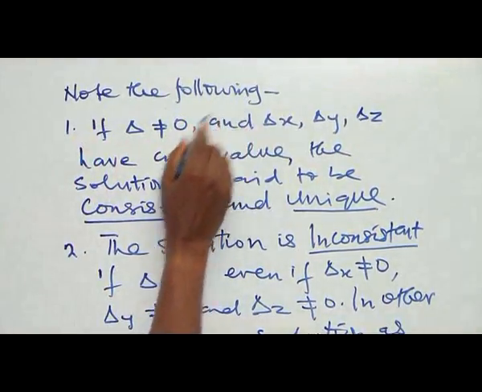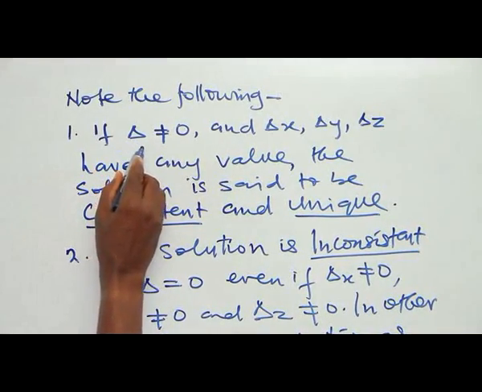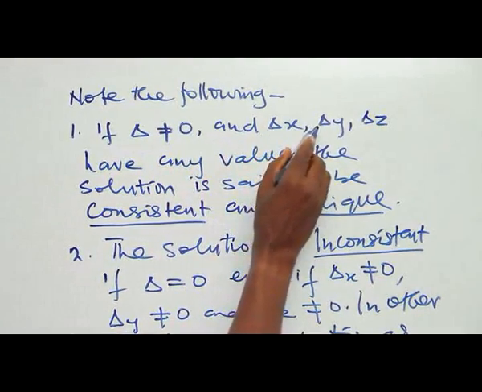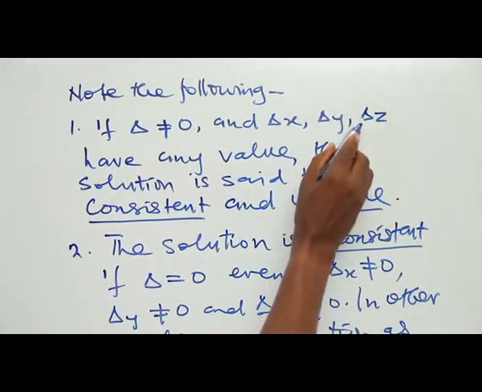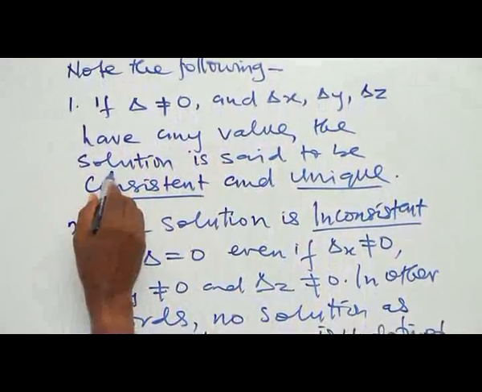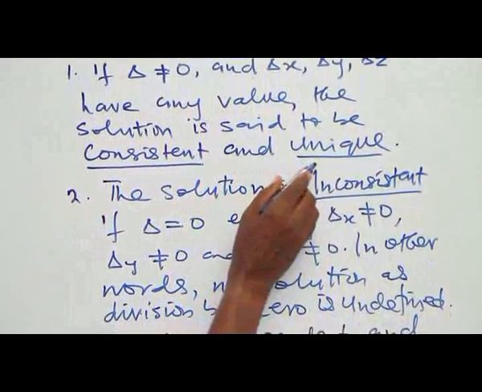Note the following. Number 1, if the determinant is not equal to 0, and the determinant of x, the determinant of y, determinant of z have any value, the solution is said to be consistent and unique.